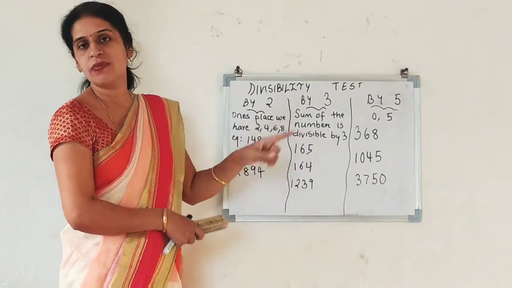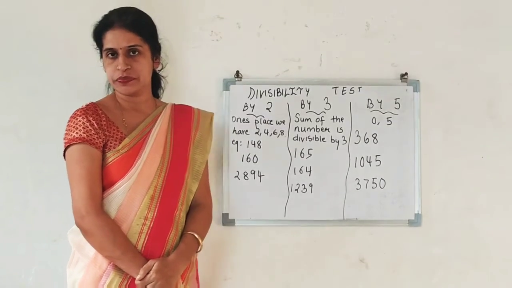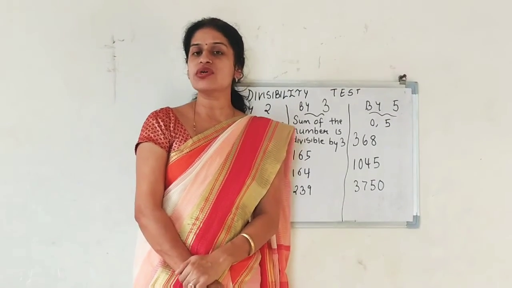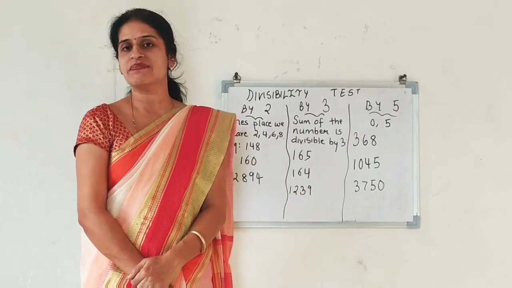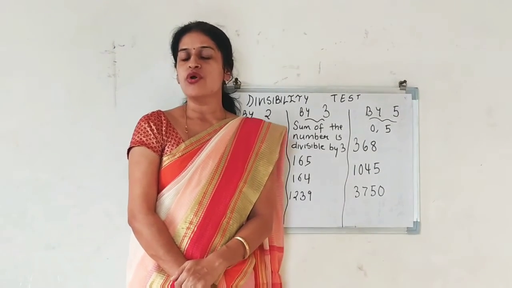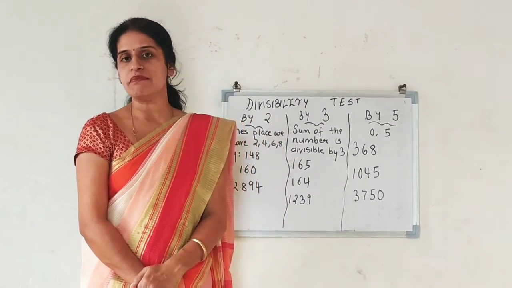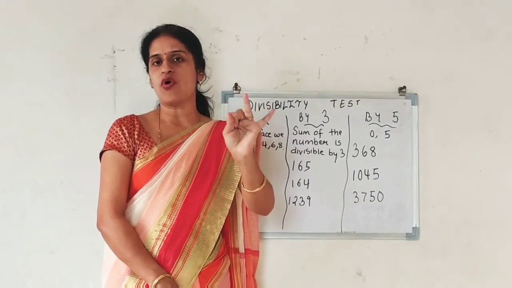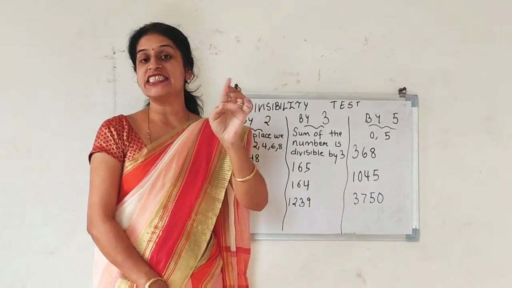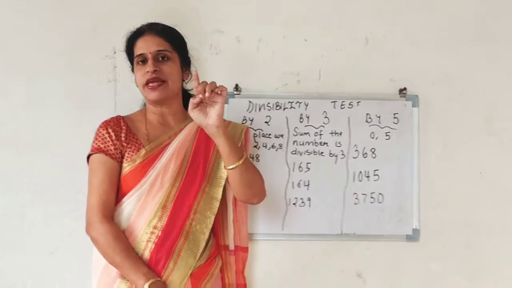Now let's start with the divisibility by 2. Only those numbers are divisible by 2 which have 2, 4, 6, 8 in the ones place.